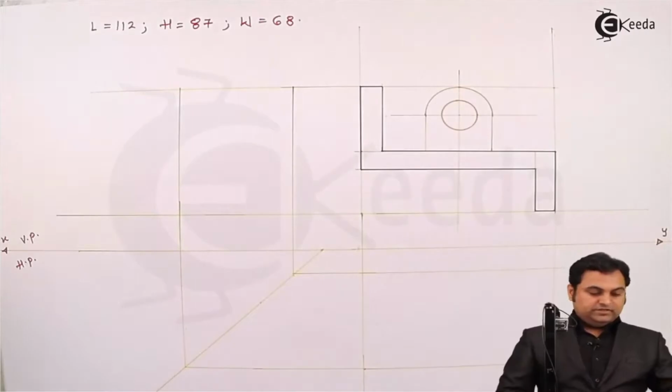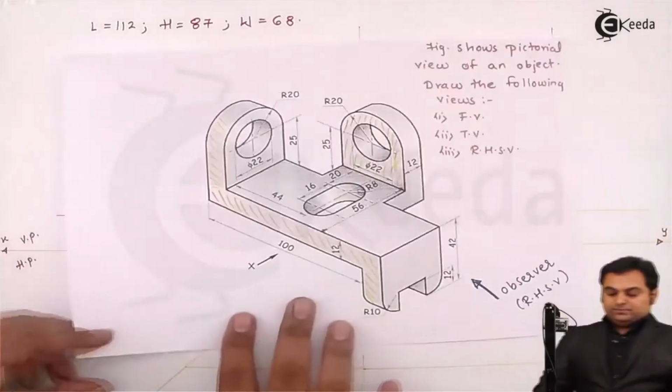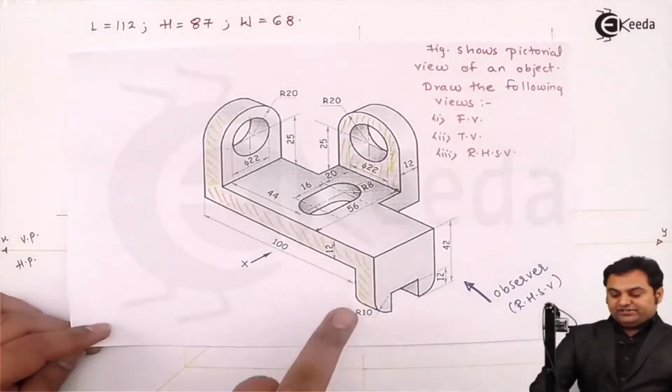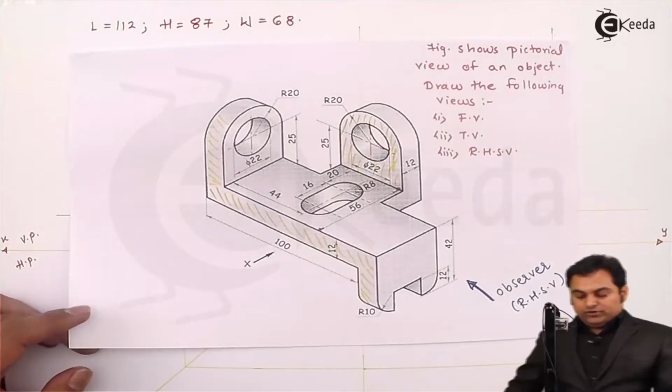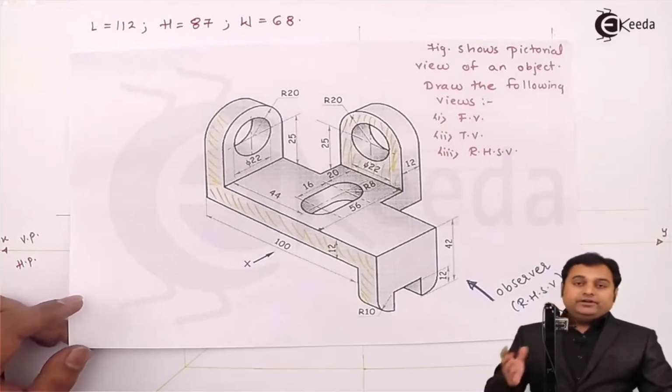Drawing this circle. Next, I can say that only this much part of the object which I have shaded is visible from the front. So I'll make it dark, and then we would be going on for the hidden portion.